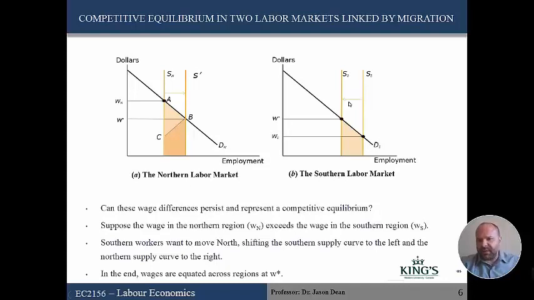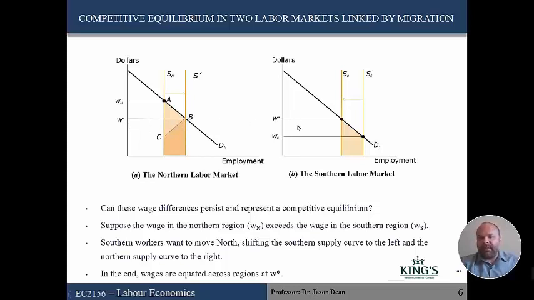So we can think of the supply curve shifting to the left, and the wage is going to increase because you have people leaving, and the wage is going to get bid up. And in the north, those people are going to come and enter this labor market and increase the supply. We would think this would happen until the wages are equalized in both regions.